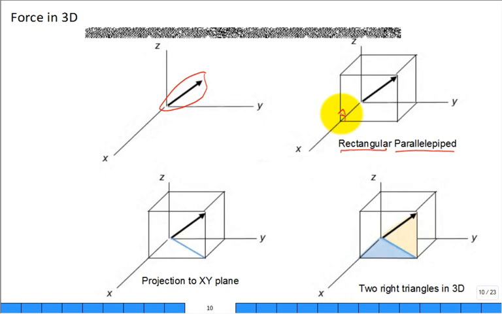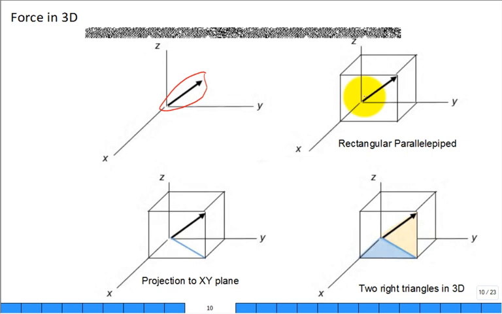A parallelepiped has the two sides and the two sides and the two sides parallel. But if it's rectangular, it's basically not a cube, but a rectangle. If it was a cube, then this length, that length, and that length would all be the same, but they're not necessarily all the same.